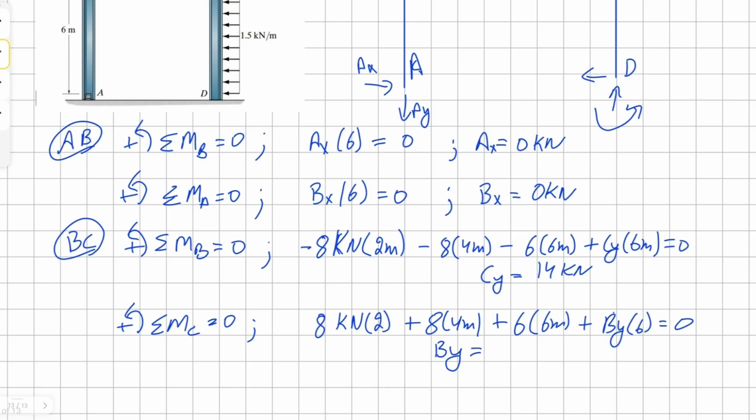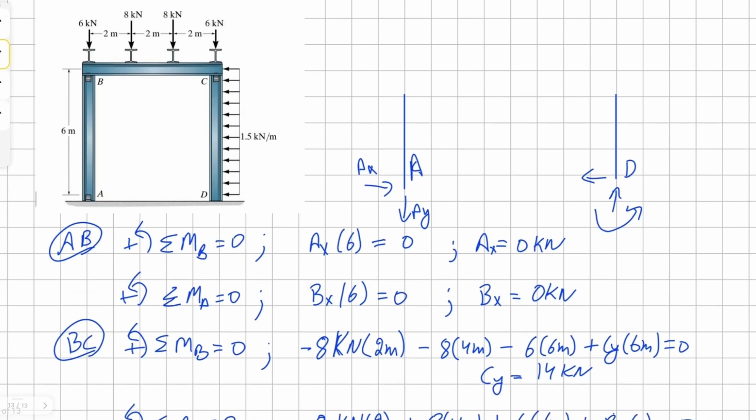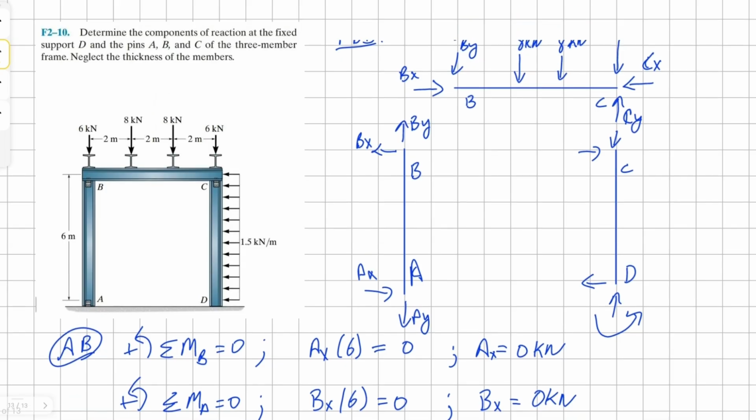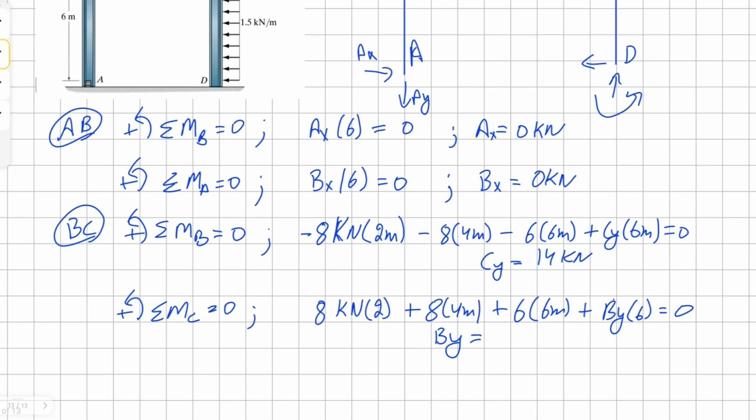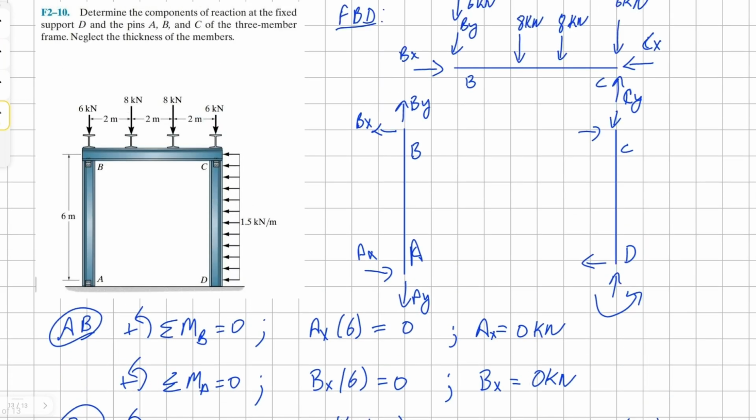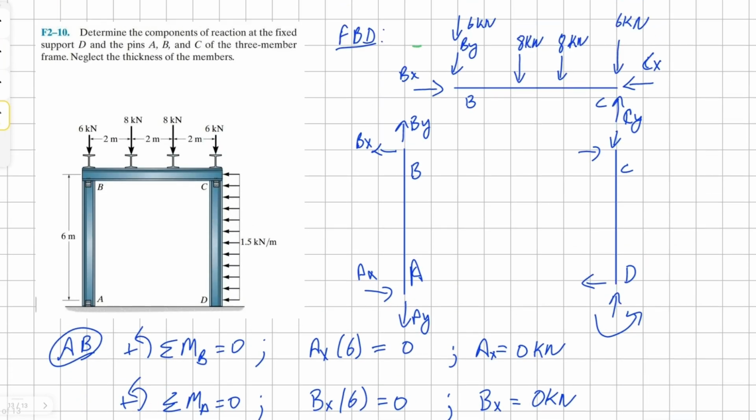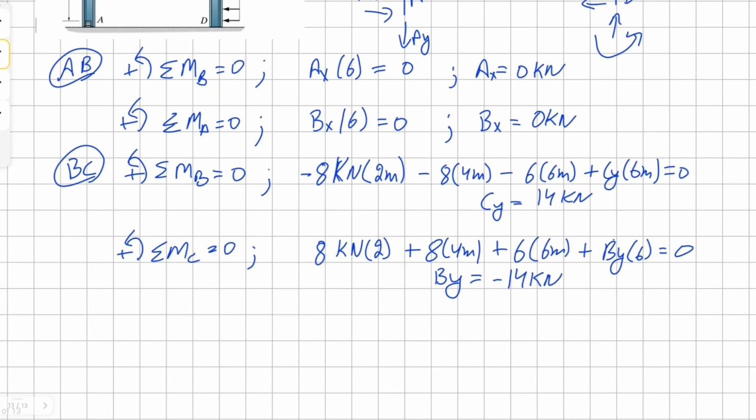Solving for By, we get negative 14 kilonewton. As always, we can have it as negative 14 kilonewton, or we could switch our vector and have it as positive 14 kilonewton, but as usual, I'm going to keep it as negative. Both answers are correct.